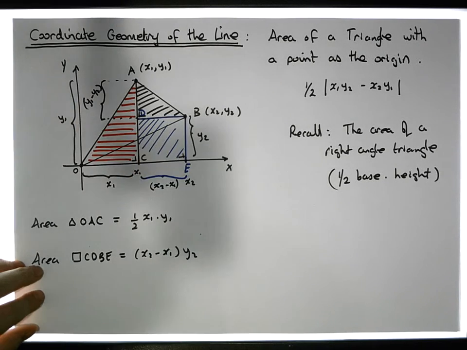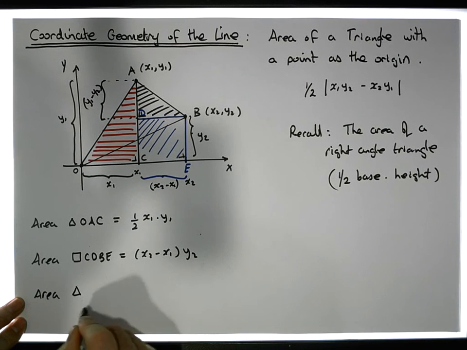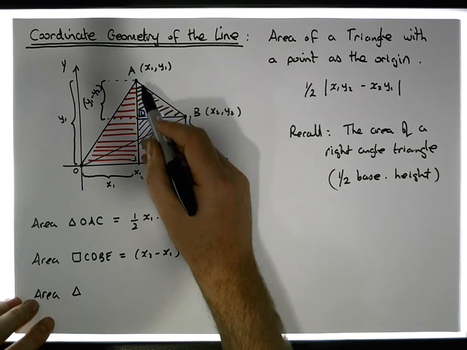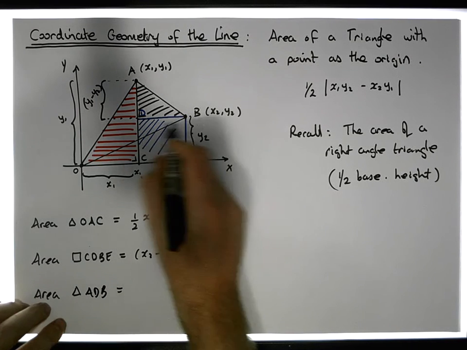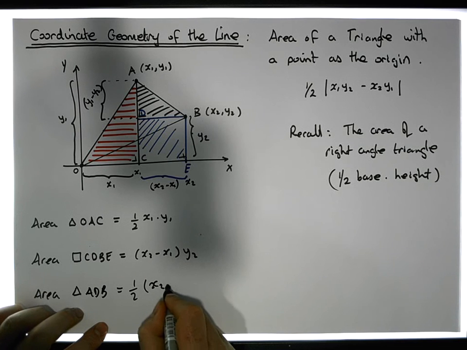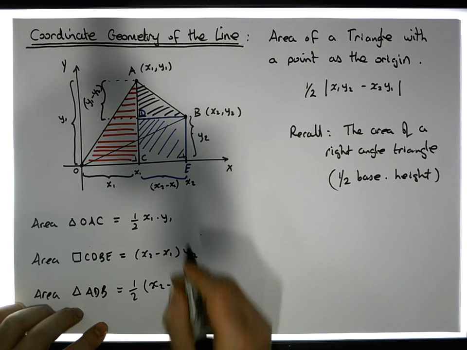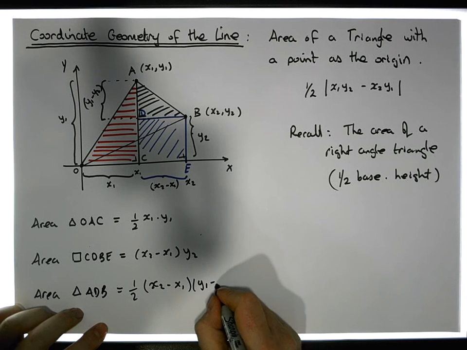So the area of this triangle, let's say ADB, is equal to half the base, so it's half, the base is x2 minus x1, times the height, which is y1 minus y2.